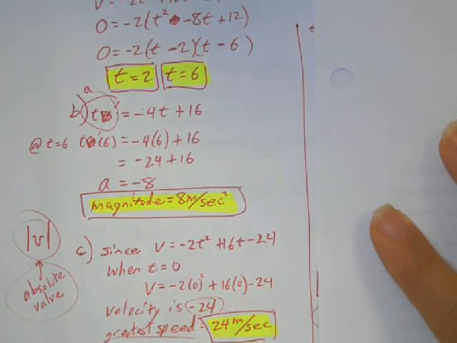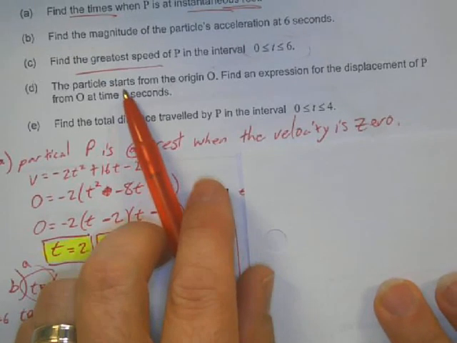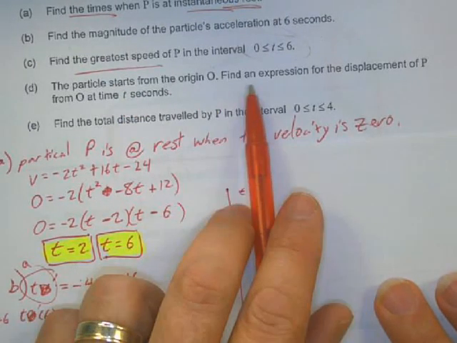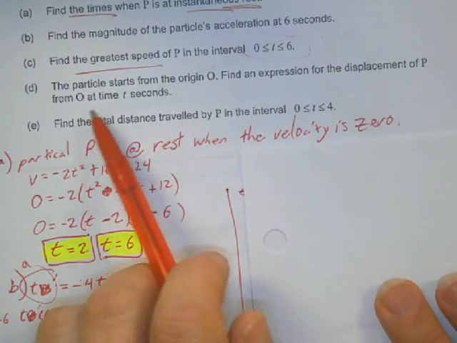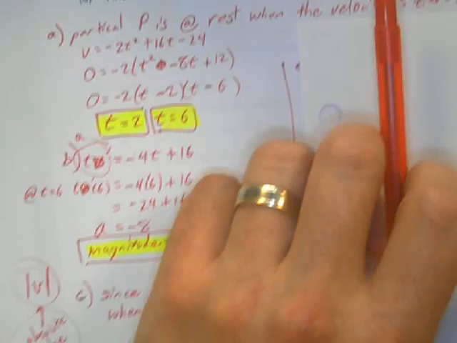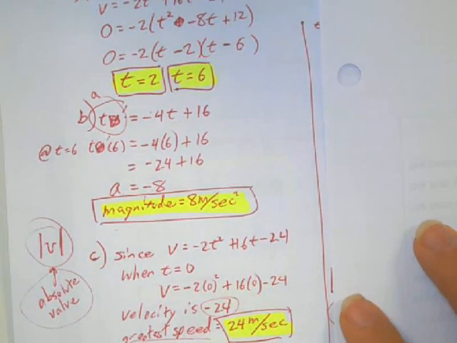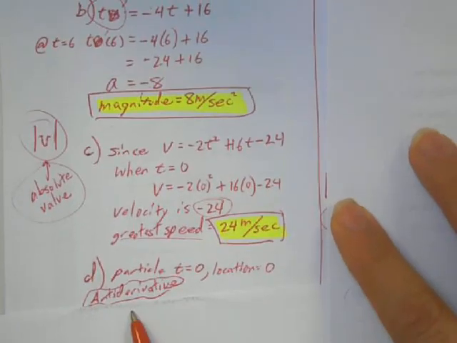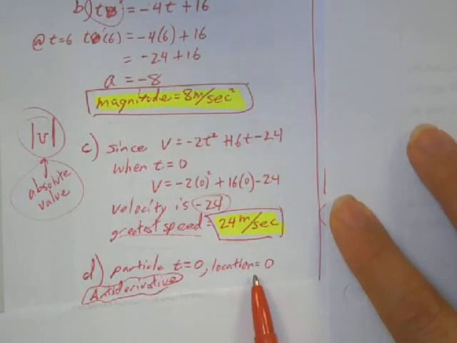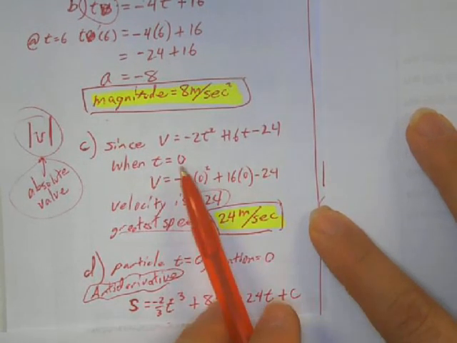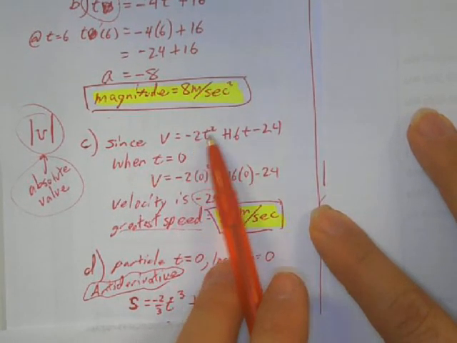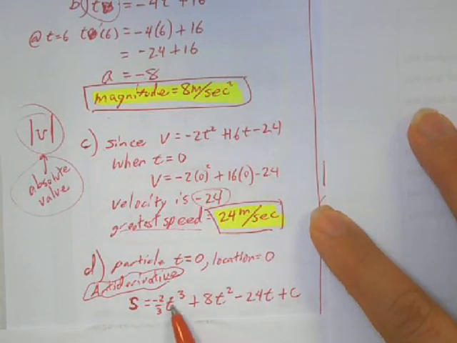Okay, D. The particle starts at the origin. So find an expression that represents the displacement of p in time in seconds. Okay, so we have to take the antiderivative, and when t is 0, the location is 0. So if I take the antiderivative of this, this power becomes a 3, and then we have 1/3 times this negative 2.